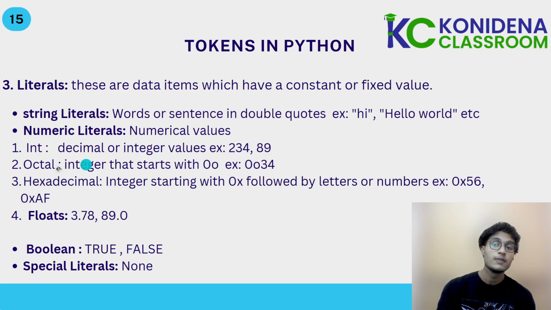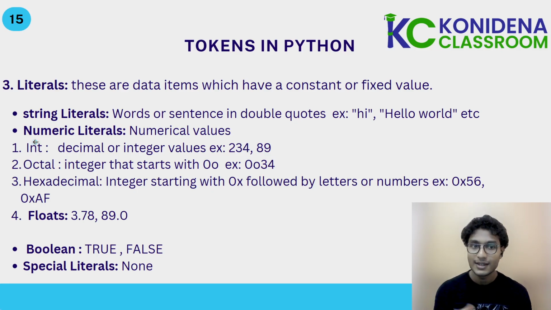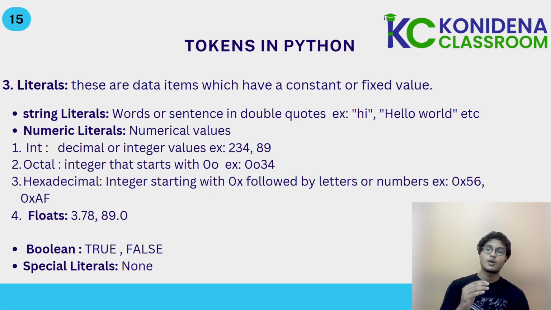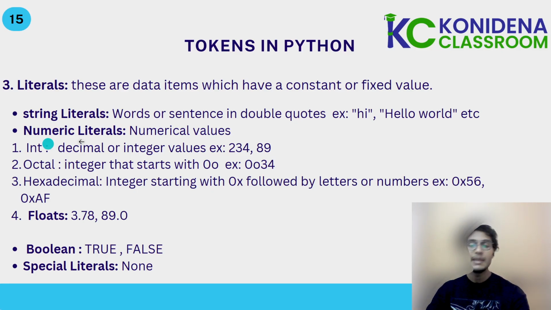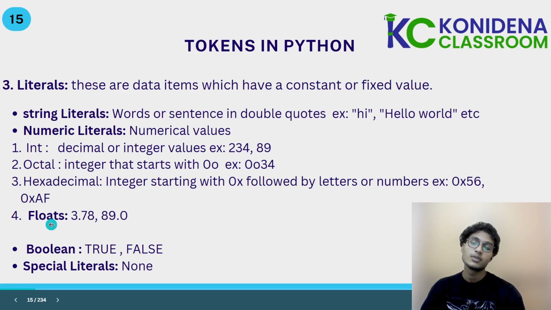The second type of literal is called numeric literals. Numeric literals are of 4 types. One is integer, which is highly important. The other one is float, floating point, that is decimal values. And you don't have to worry about octal and hexadecimal. The third type is Boolean, which is True and False.